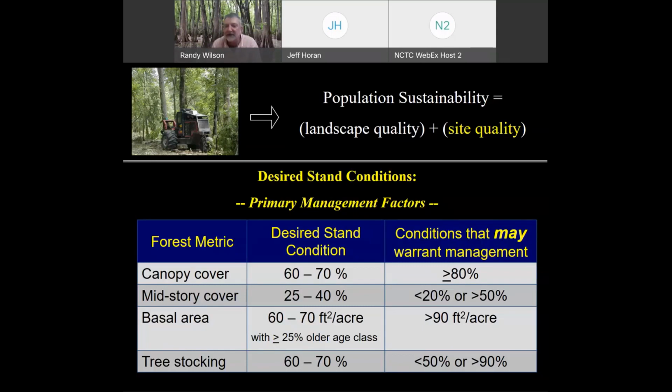We tried to think about the trigger point. What would cause a forester to want to implement a treatment to change the forest structure a little bit? So it's not only just providing that relationship, the 60 to 70% is good, but we tried to also provide those managers some basis, as a trigger point, to kick into management actions.